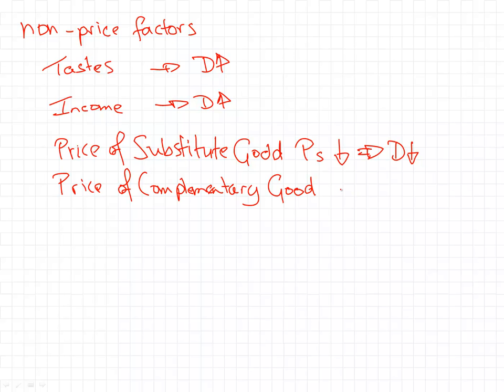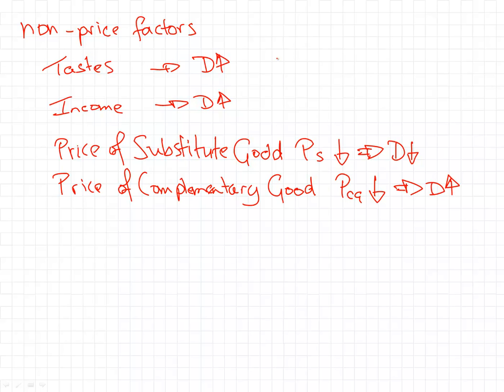Now, if it's a complementary good, so again, we're doing something like printers and printer ink. If the price of printers went down, you would imagine that the demand for printer ink will go up, because people are going to say, great, printers are cheaper, therefore I'll buy more printer ink. So if the price of a complementary good goes down, the demand for a good goes up.